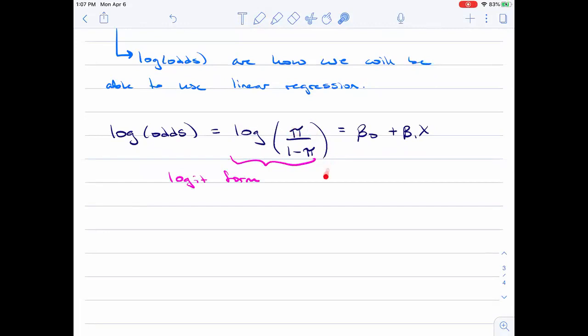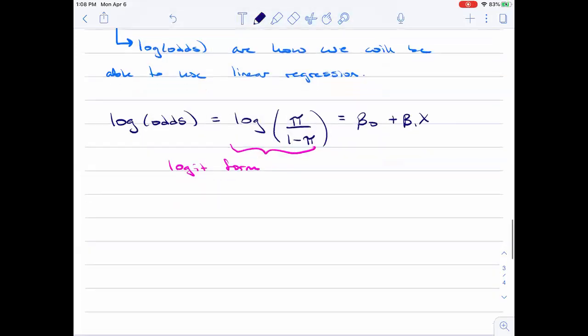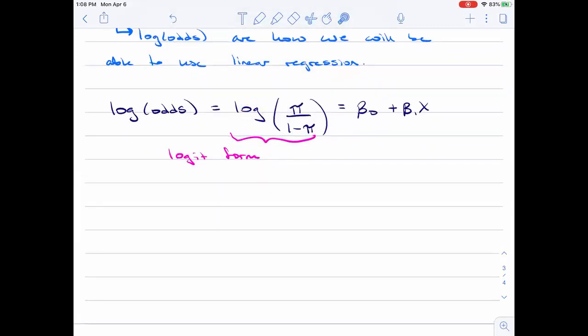That's going to get us to a second form of the model. Because we've got this equal sign that we're working with, these two forms that we land on are going to be equivalent. If I want to undo the log, I'm not expecting you to be able to work through, I guess I am sort of expecting you to know the math behind how to unravel this and solve for pi. But it's not something that I'm going to test you on at all.